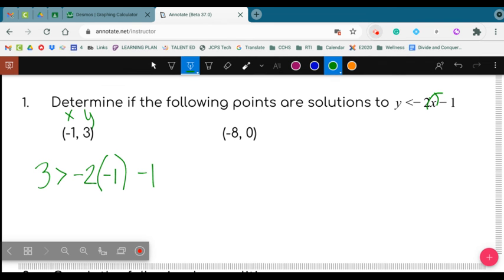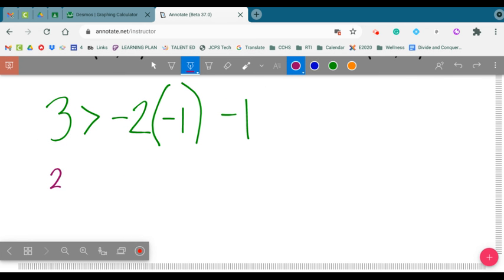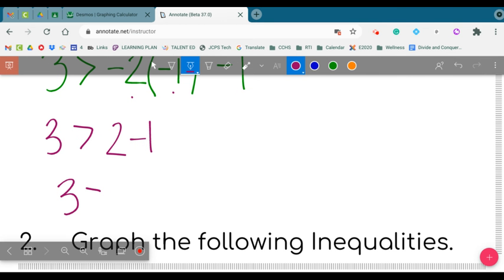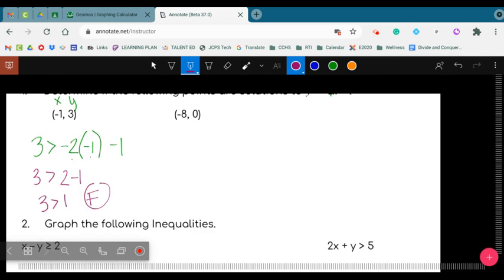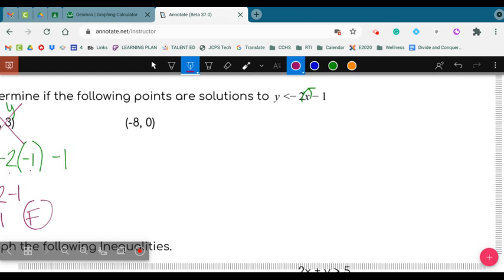And then we're going to simplify this. 3 stays the same. -2 times -1 is a +2, minus 1. So you'll have 3 is greater than 1. Is that true or false? That is false. So that means that that is not a solution.